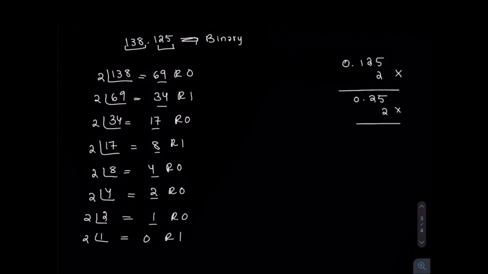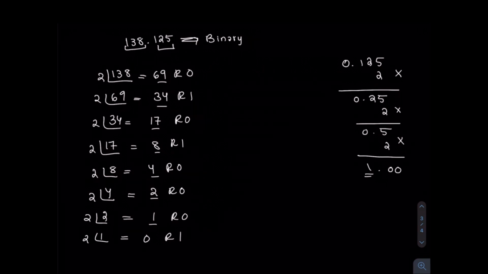It will equal 0.5. Then multiply it again by 2. It will equal 1.00. I like to stop when I get the number 1. But it depends on the question that you have.